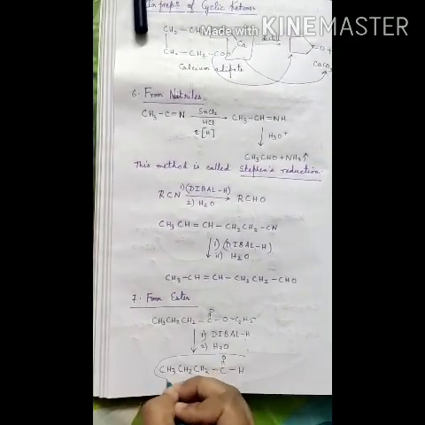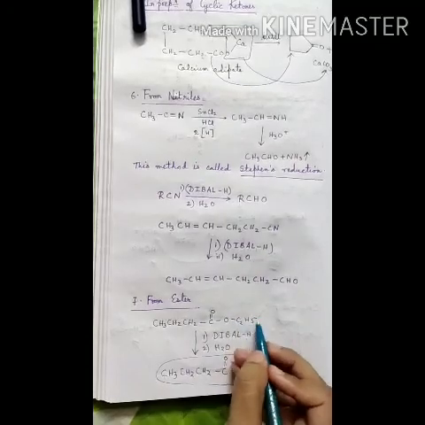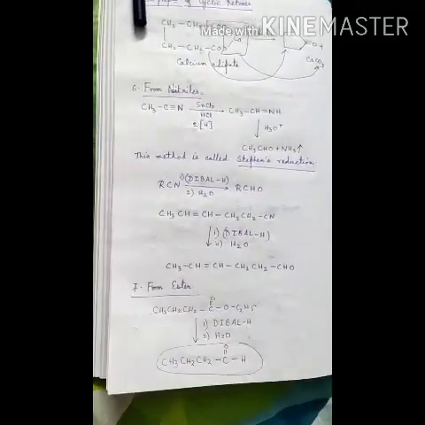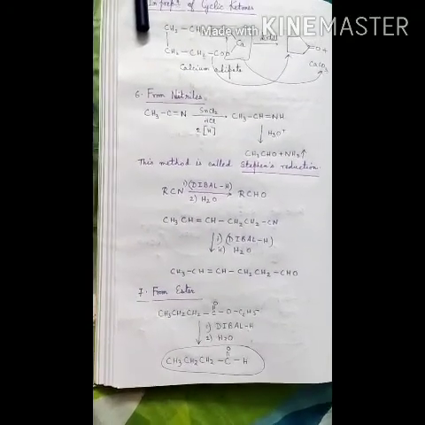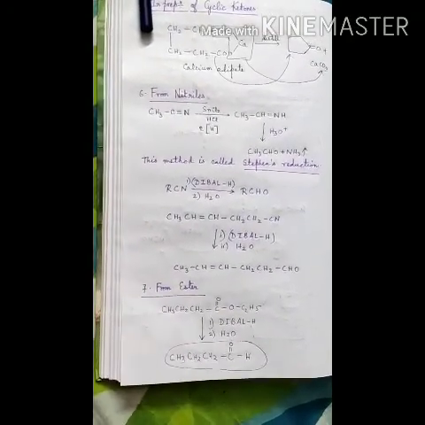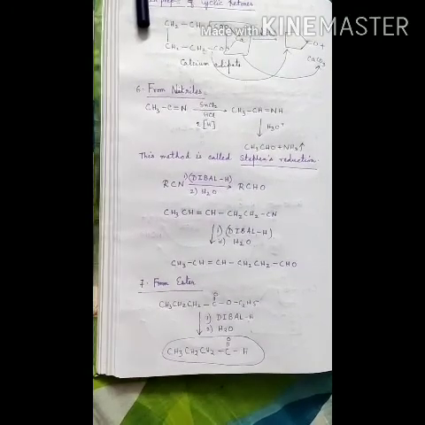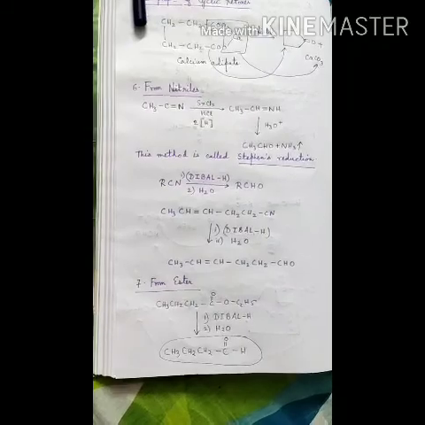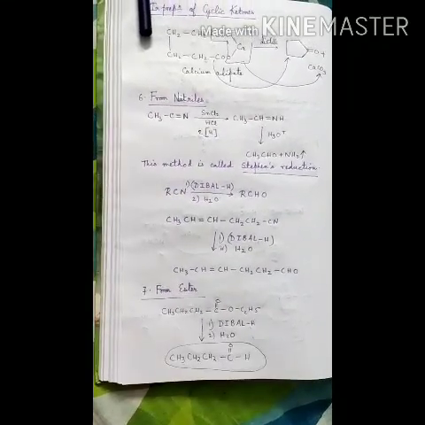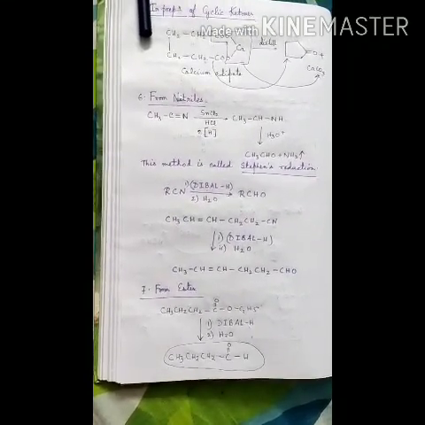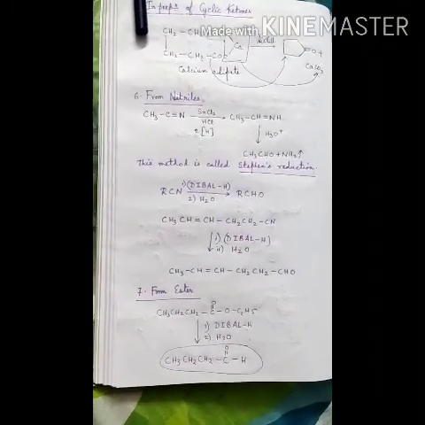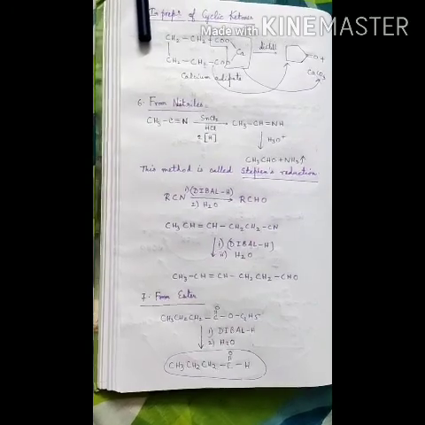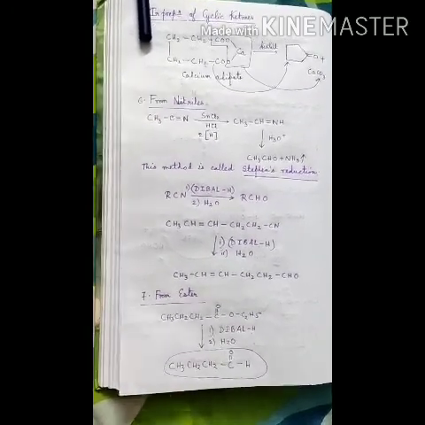So here we can see that beside the C=O, this OC2H5 is getting replaced by an H, and thus in this method whatever product we get, it's always an aldehyde. A ketone cannot be obtained from an ester when it is treated with DIBAL-H and then hydrolyzed. And again I am repeating the full form of this reagent: it's diisobutyl aluminium hydride.